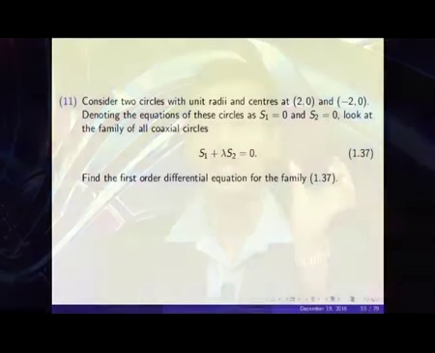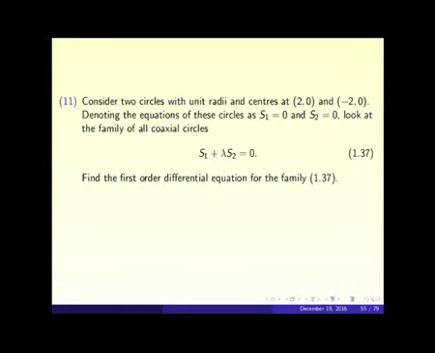Now, the expression (x - 2)^2 + y^2 - 1, let us call it S1 for simplicity. And the other expression, (x + 2)^2 + y^2 - 1, let's call that S2.